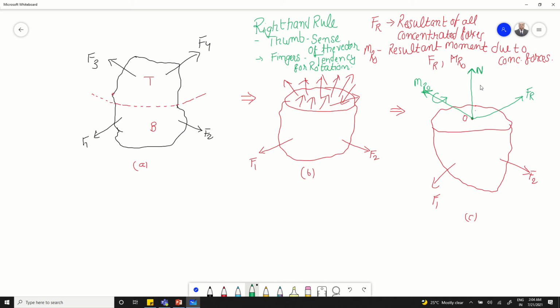Either it will extend in this direction, or it will tend to reduce in size if the direction of this normal force is reversed. In other words, if N is positive, meaning this force results in the extension of the body, we call this a tensile force.